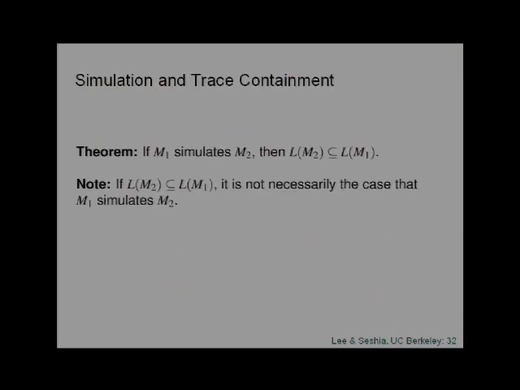So if M1 simulates M2, then you get trace containment for free, meaning that if according to the simulation notion you can replace M2 with M1, then you can also do that according to the language containment notion. Okay, so if M1 simulates M2, then the language of M1 has more behaviors than M2. So the language of M1 is a superset of the language of M2.